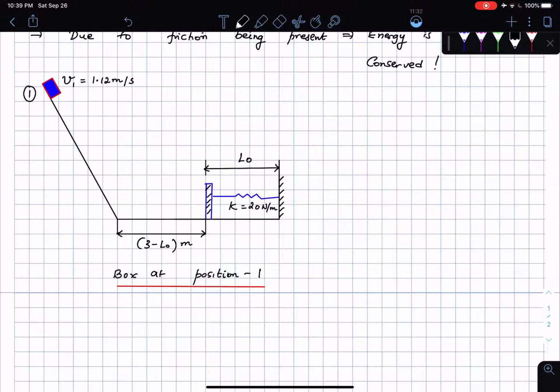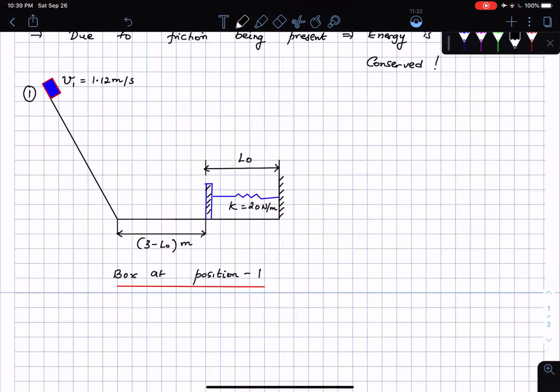Now this is the box at position 1, and I'm going to call the next position position 3. First of all, where is the box now and where is the spring now? Because the box has impacted, the spring is now going to be compressed, as you can very well imagine. If I take this piece of the spring, that piece will have the same length, but the rest of the spring would have compressed.